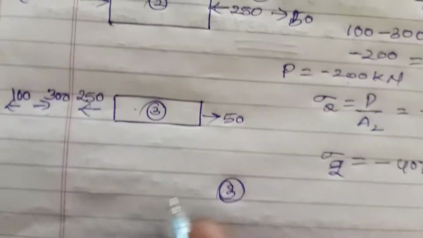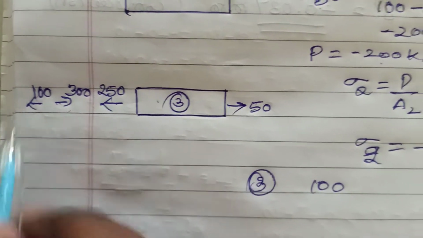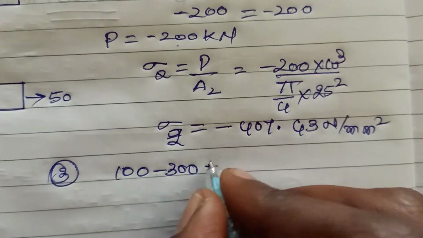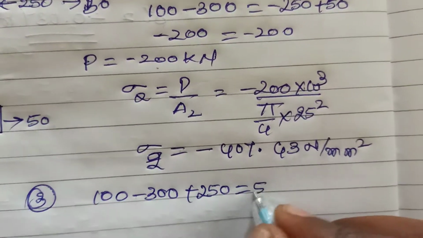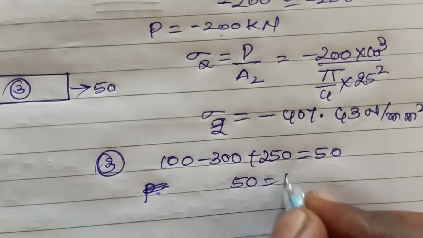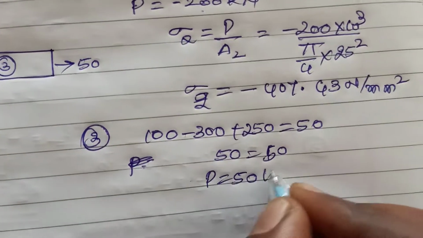So just calculate the effective load. 100 tensile, again minus 300 compression, plus 250, which is equal to 50 tensile.